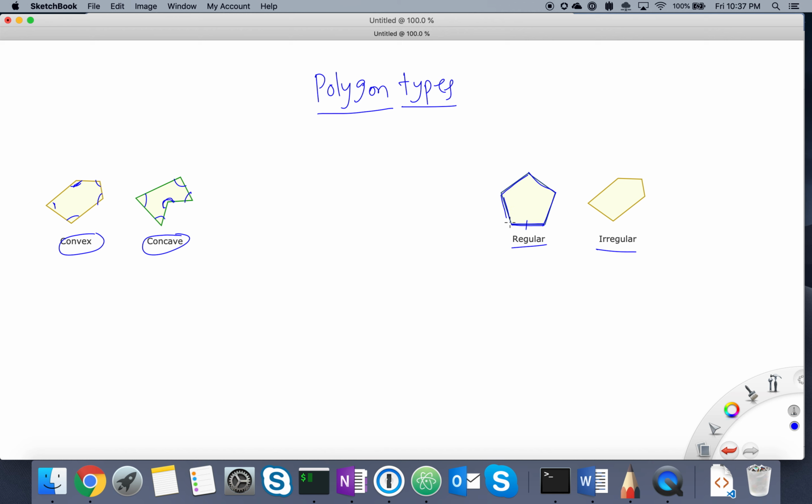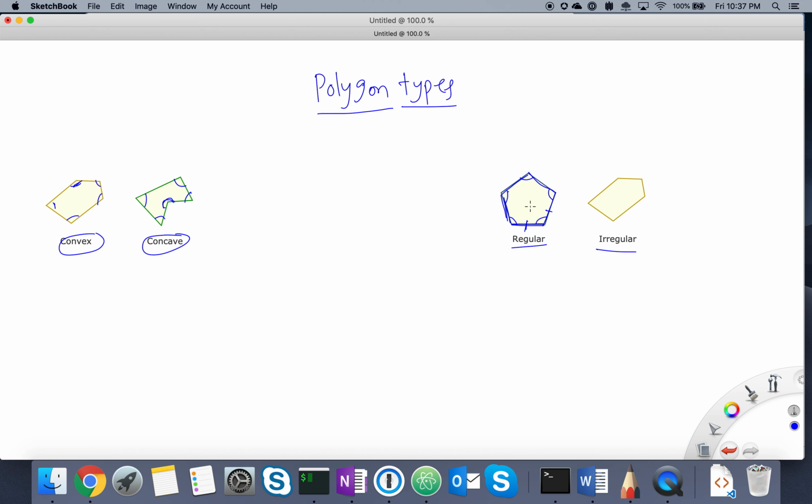This is called a regular polygon. All the sides are congruent and all the angles are also congruent. They're all the same. So all the sides of a regular polygon are the same, and all the angles of a regular polygon are also congruent.